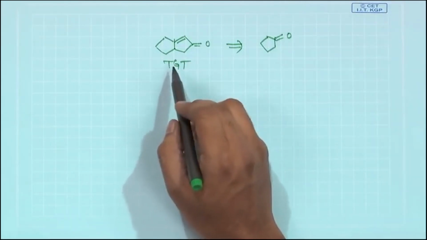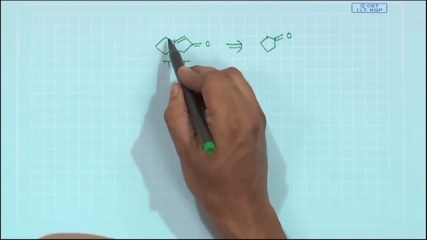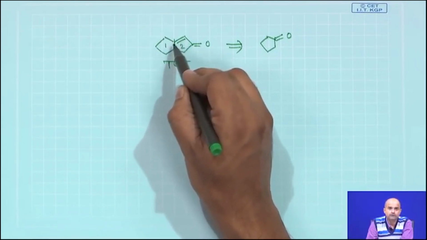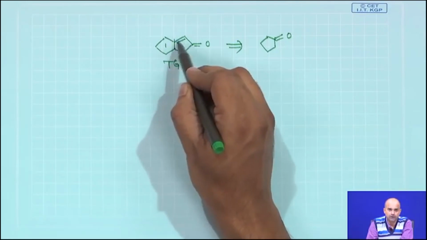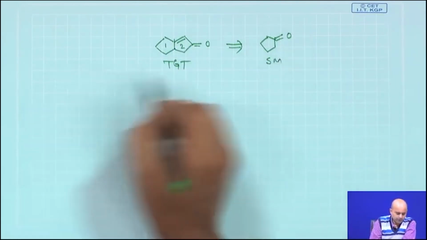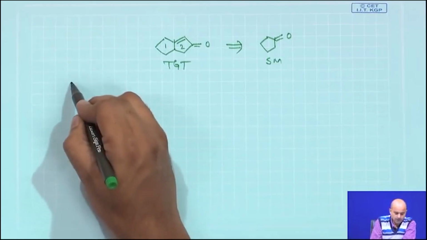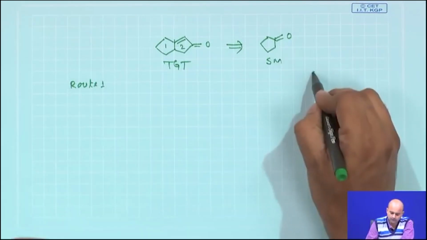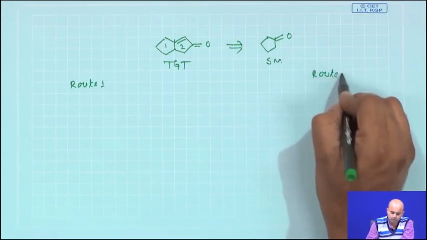Now, this compound is basically a bicyclic compound, ring 1, ring 2 and an alpha beta unsaturated connection here, double bond here. The starting material was given to you. Now, for this molecule we will try to devise two pathways, route 1 and route 2.